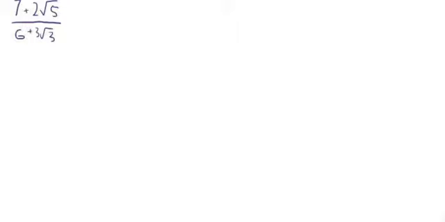Question 2 is quite similar to question 1. We have 7 plus 2 root 5 over 6 plus 3 root 3. So we have to do basically the same thing. Make sure it's in brackets.